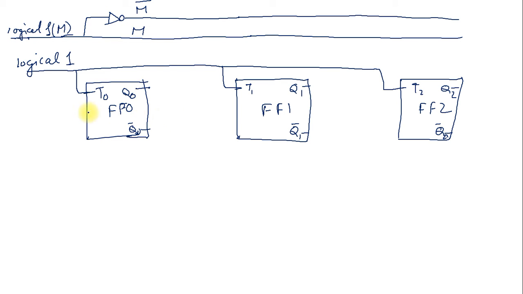Now I can place the clock, negative edge triggered. So here I should place 3 gates, and here also I can place 3 gates.